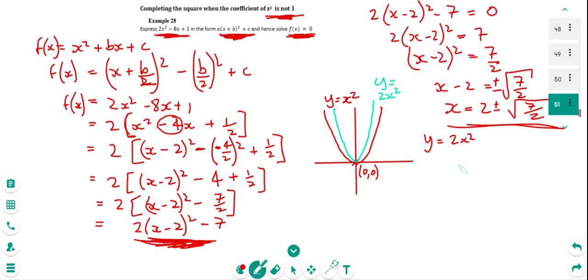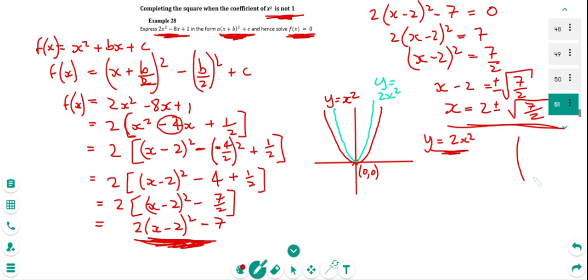So on the graph of y equals 2x squared, we can see that we've replaced the x in there by x minus 2. So it's a translation of this graph of y equals 2x squared that we've just drawn in blue by 2, because we do minus whatever is in there.